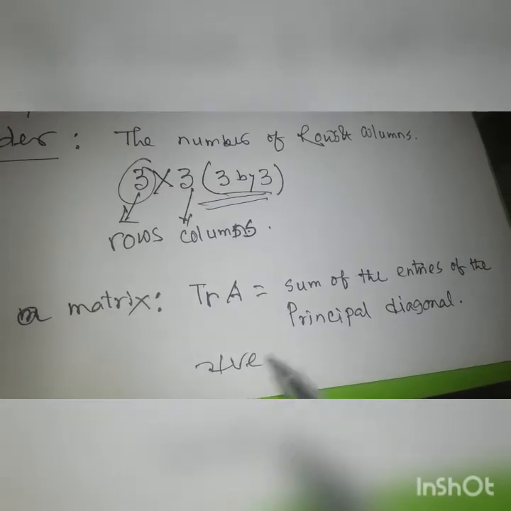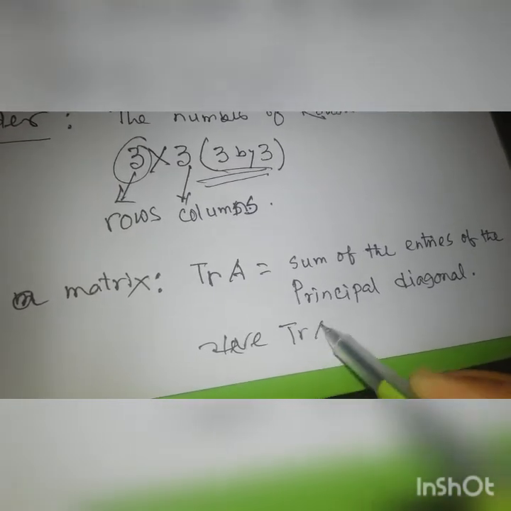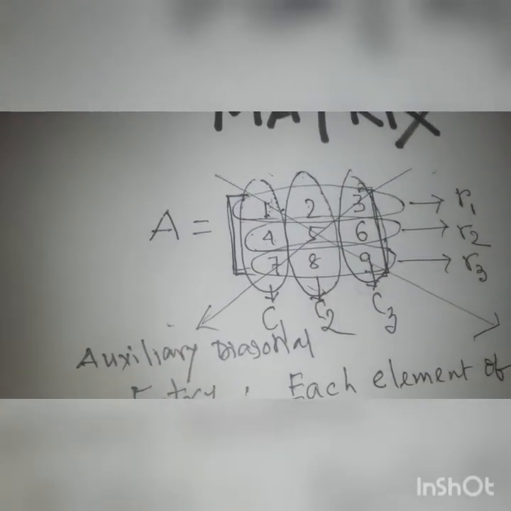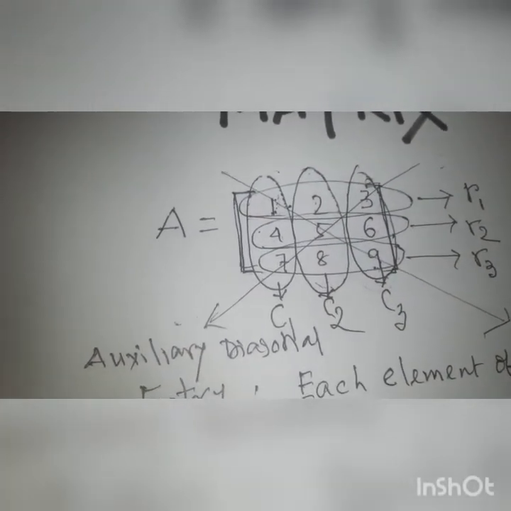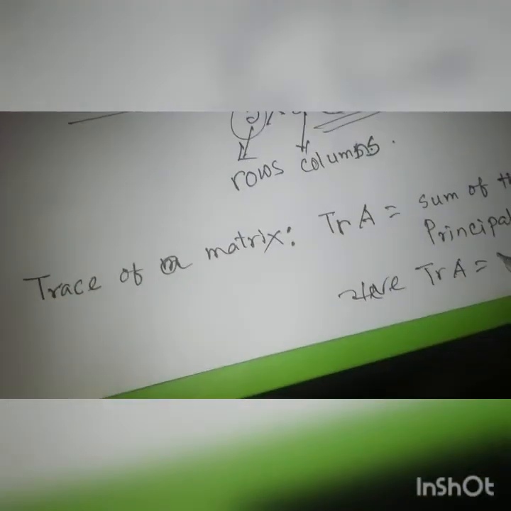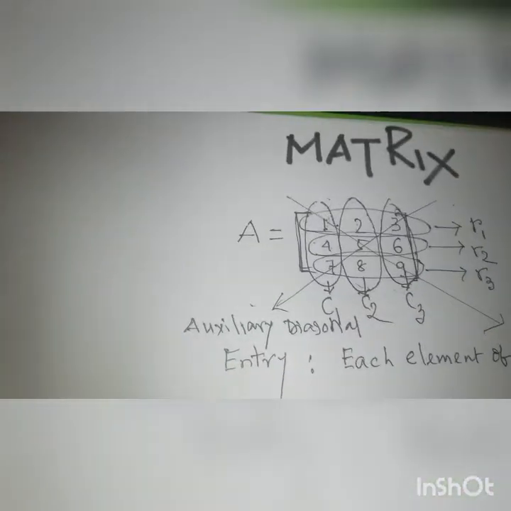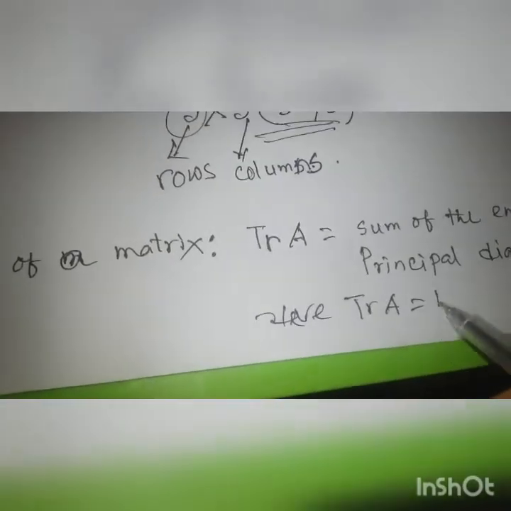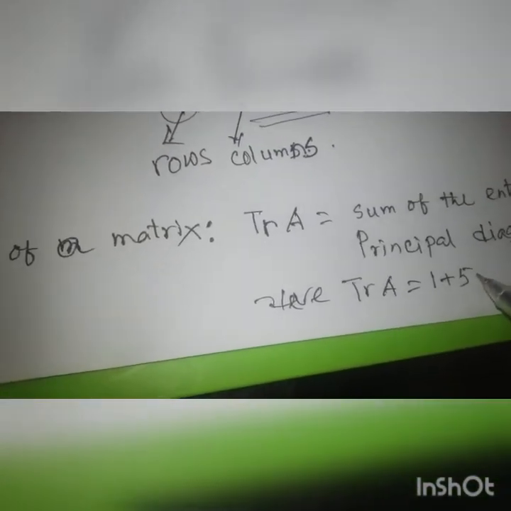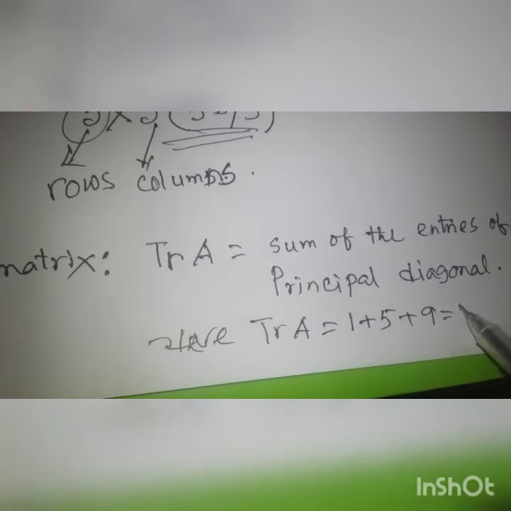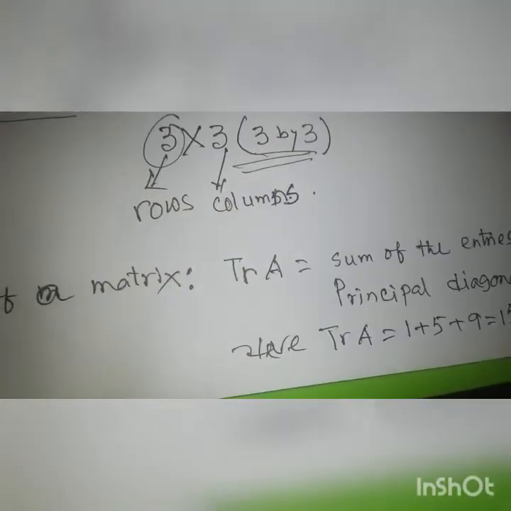Here, trace of A is equal to the sum of the entries of the principal diagonal, which are 1, 5, 9. So 1 plus 5 plus 9 equals 15. So the trace of this matrix is 15.